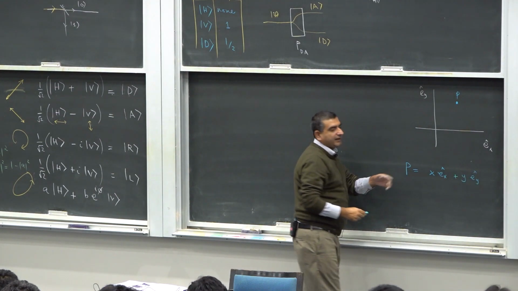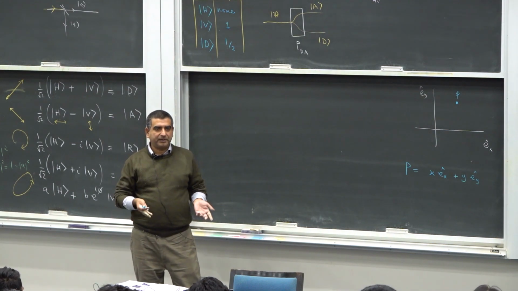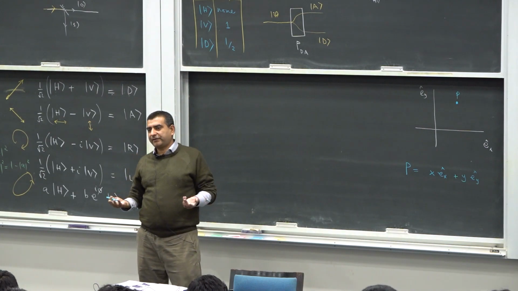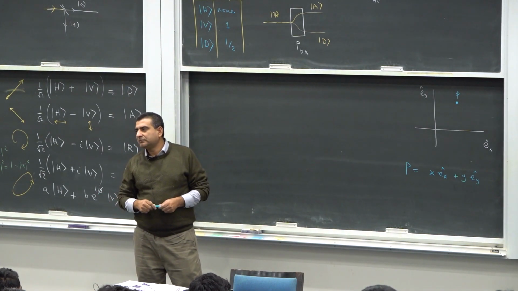So Ex and Ey form a basis to describe any point in this two-dimensional plane. But I can have any basis that I like. Any two orthogonal unit vectors will form a basis, correct?